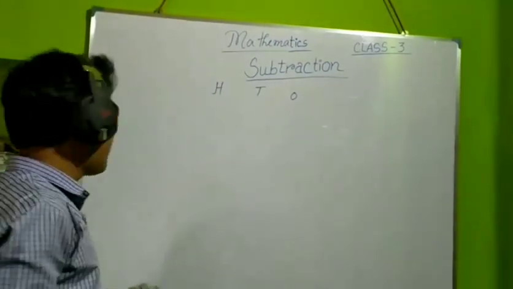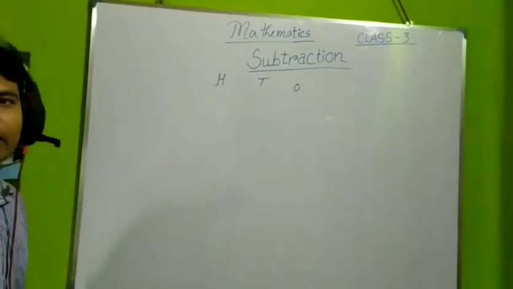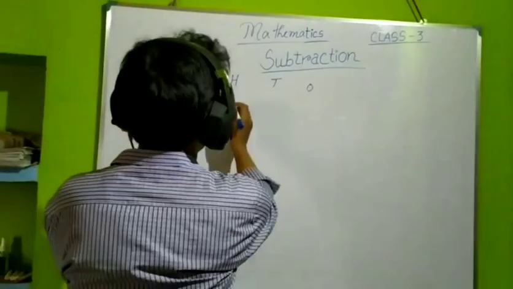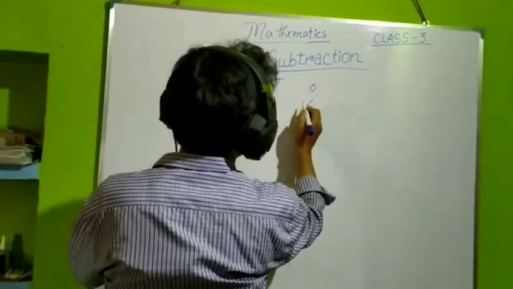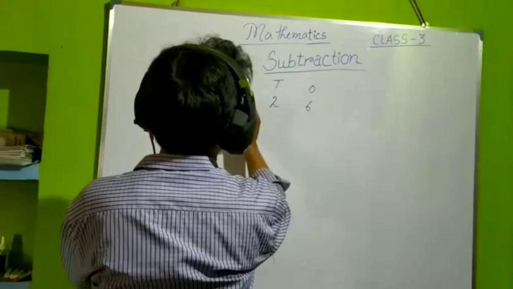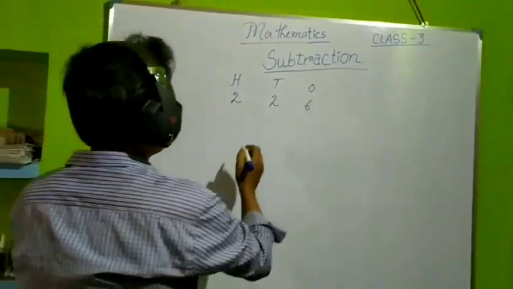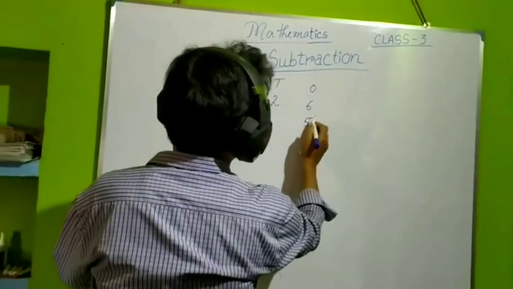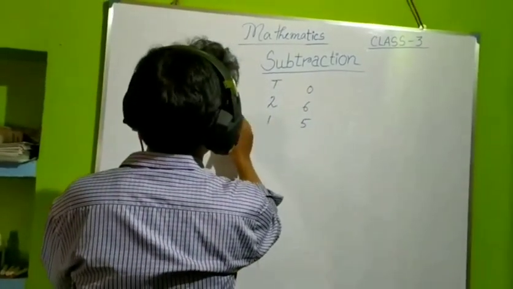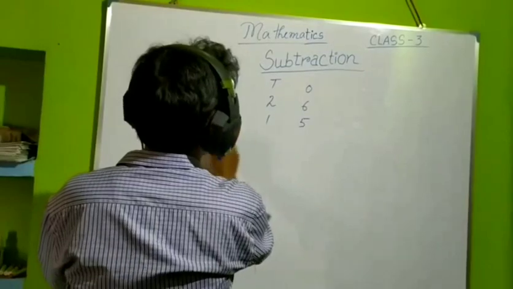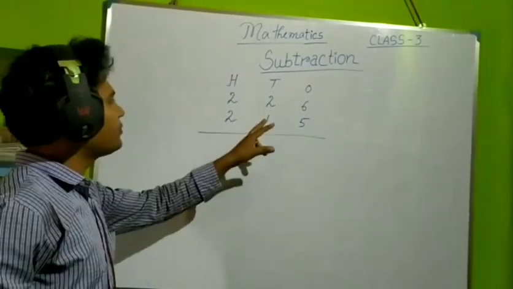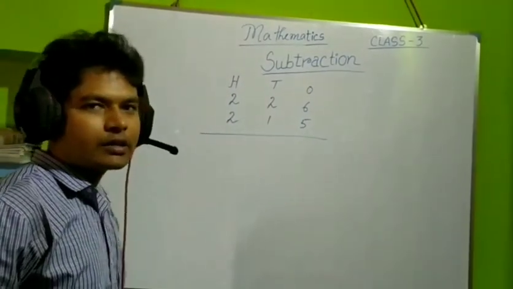Okay, so we just take a 3-digit number at first, just 6 2 2. Now we take another number, 5 1 2. Now we have to subtract 215 from 226.